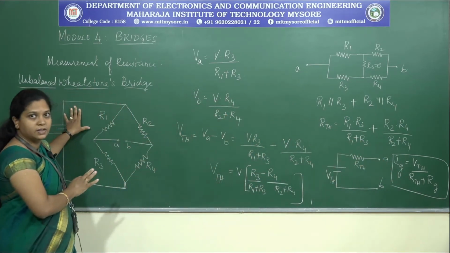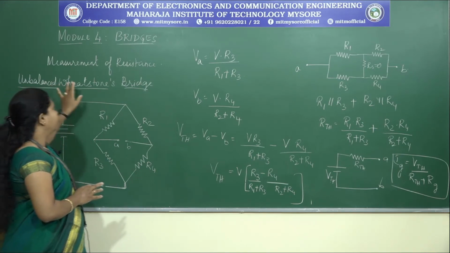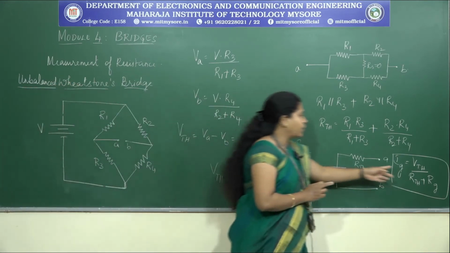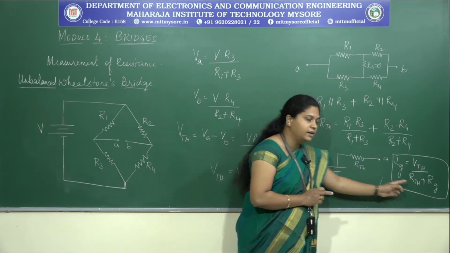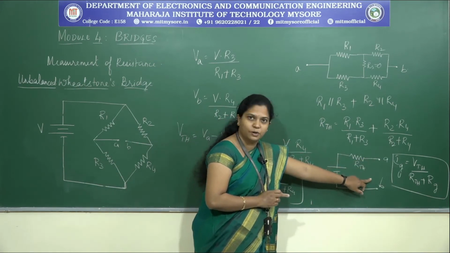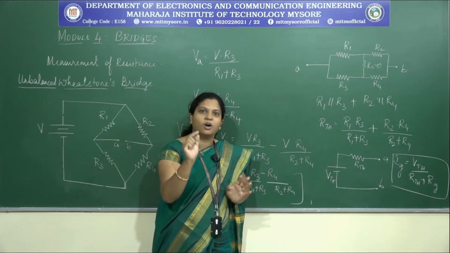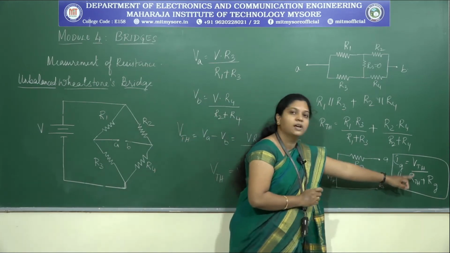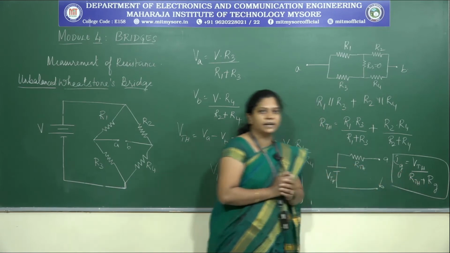That was our interest. In order to analyze the unbalanced Wheatstone bridge, we found out the galvanometer current by making use of the Thevenin equivalent. Using this circuit, the potentials across A and B were found out. When you connect a galvanometer, even that has a small internal resistance, or galvanometer resistance, that gets added up here.